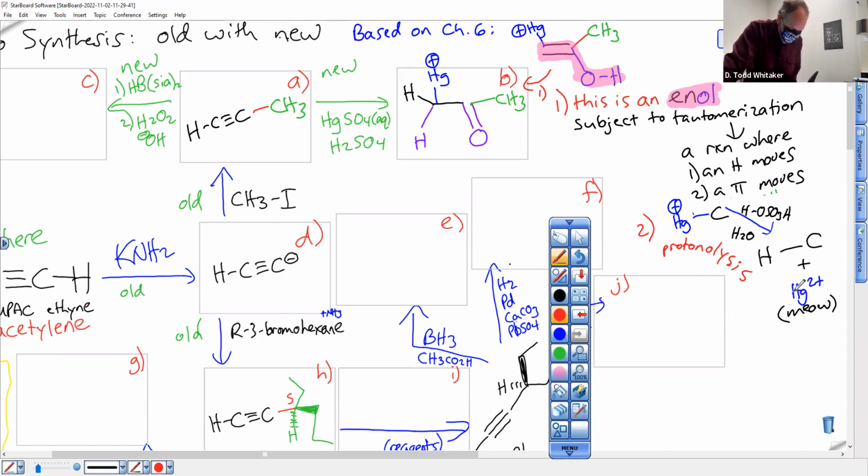And mercury 2 plus. So what's your quick fix to get to the second thing here? I'm going to do an erase and a replace. What do I have to fix? The mercury is now going to become what? The mercury became H. That's an easy fix. Yeah, there you go.